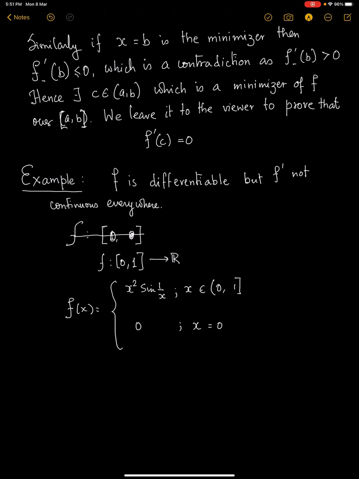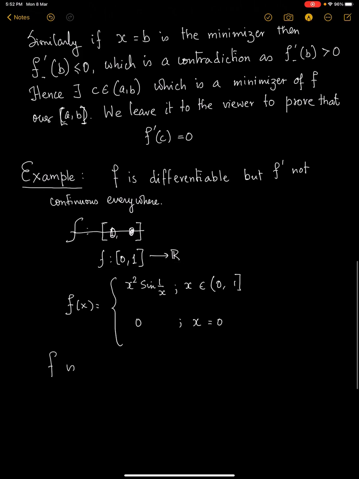Here there would be a discontinuity at 0, and this is a removable discontinuity, because the limit of x square sine 1 by x as x tends to 0 is 0. So you define f(0) as 0. So f is a continuous function, continuous at x equal to 0 by definition, and also at other points.